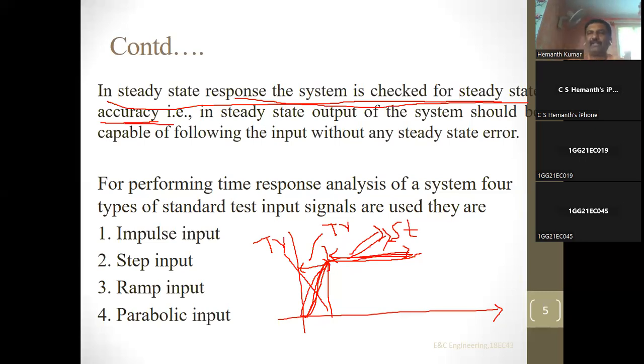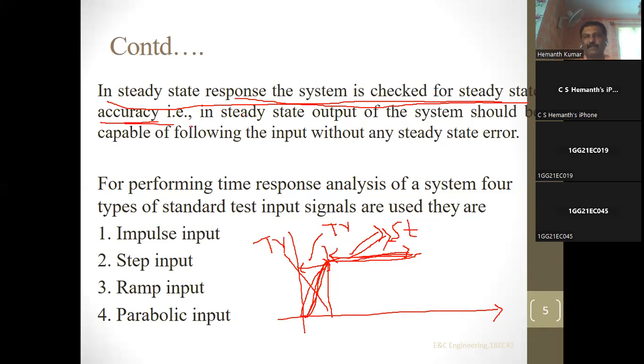One good example: we can divide human life into two distinct portions. Until we live on this earth, that is the transient response, and as soon as we leave this earth, that is the steady state.